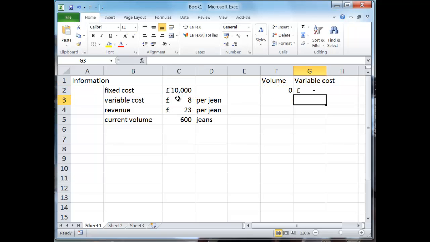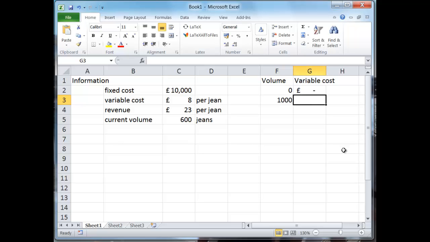So what we have introduced here is a formula. So we multiplied the cell F2 with the cell C3.